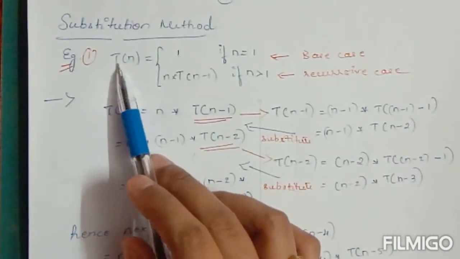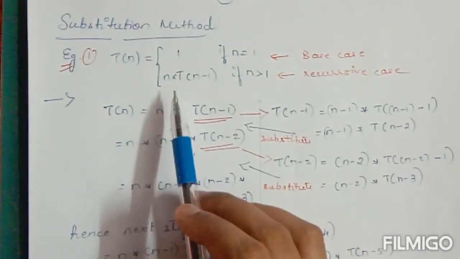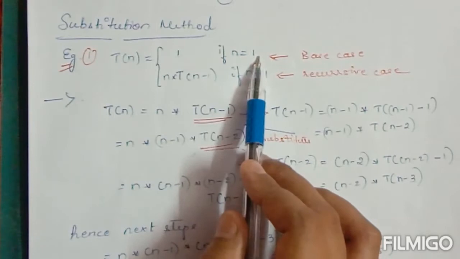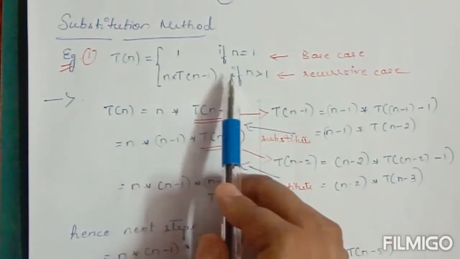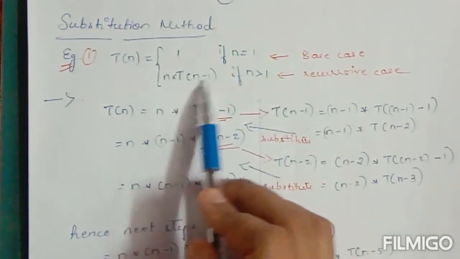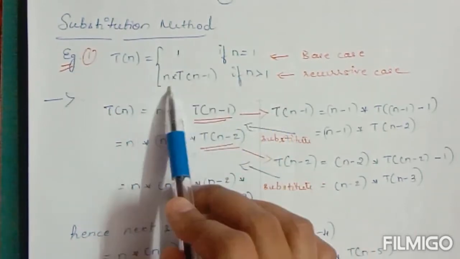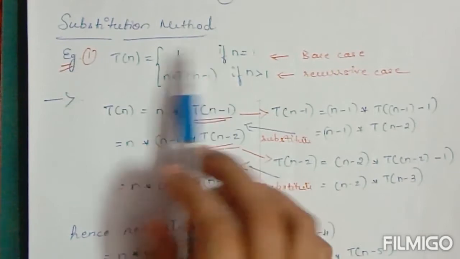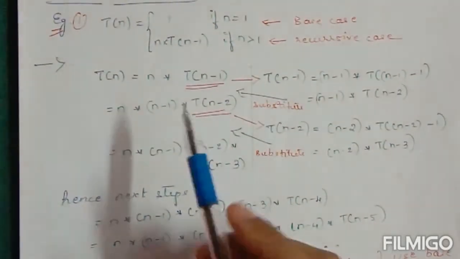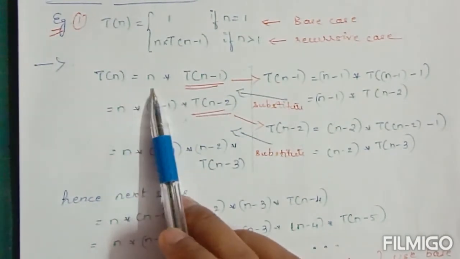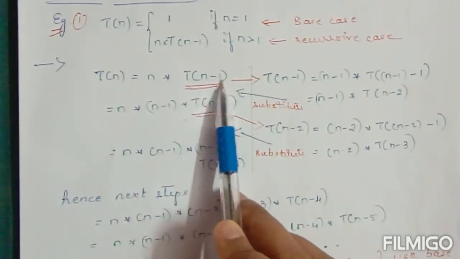See here we have an example, T of n equal to 1 if n equal to 1, which is our base case, and it is n into T of n minus 1 if n is greater than 1. This is our recursive case. Now we will solve this by substituting this again and again. So how is it done? So I've taken T of n equal to n into T of n minus 1.